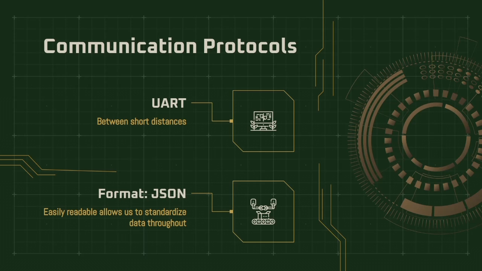For communication between modules on the same lamppost, we use UART as mentioned just now, and the communication format we're using is JSON, because it allows us as programmers to easily debug, even though it might cost a little more overhead, and it allows us to standardize the data throughout.